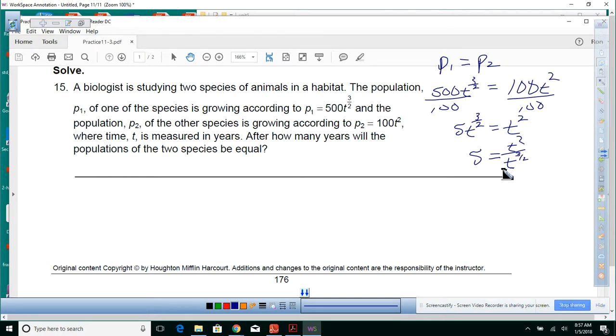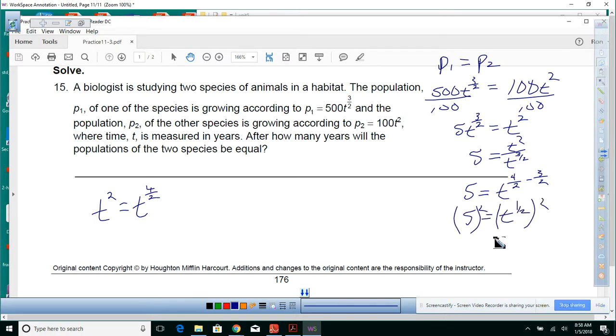And T squared equals T to the 4/2, right? We can agree on that. So 5 equals T to the 4/2 minus 3/2. That gives you 5 equals T to the 1/2. Well, if you square both sides, you get 25 equals T.